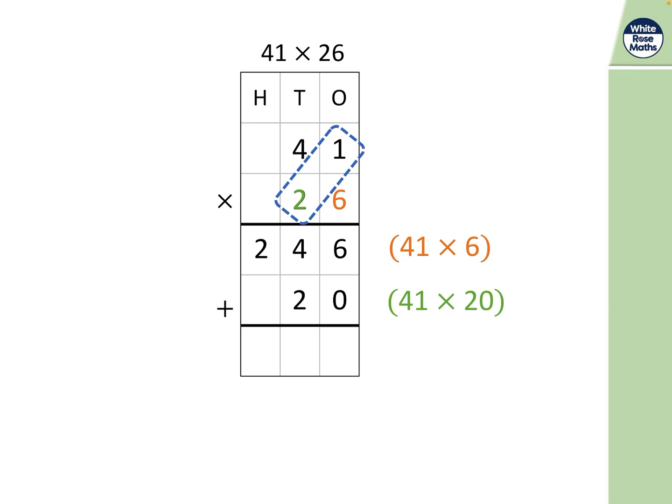Our first answer needs to come here, so we need to put our placeholder in, and then we do our 20 times 1 is 20. Sorry, 20 times 1, I keep saying 20 times 10, it's 20 times 1. And then we're going to do our 20 times 40, which is 2 times 4 times 10 times 10. Well done if we've got that far.